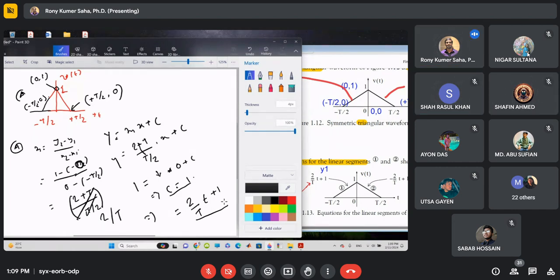So that is how we have to find it. Your first task is to identify all these points, the end points of this straight line, where you need to express.